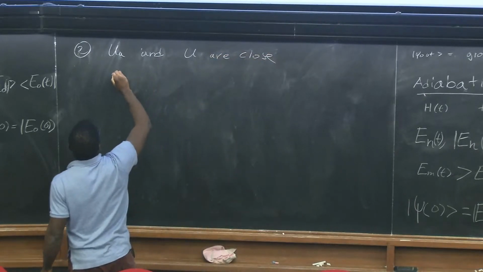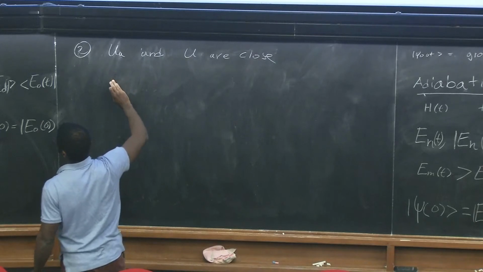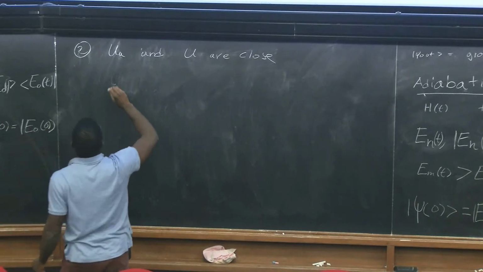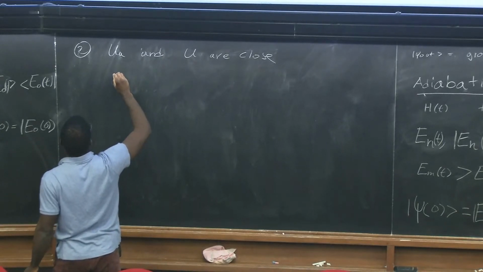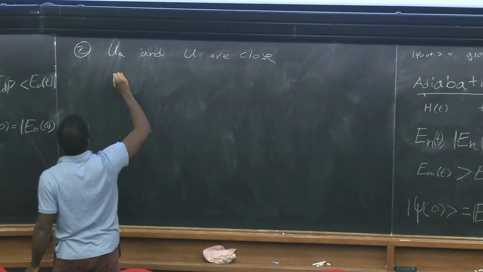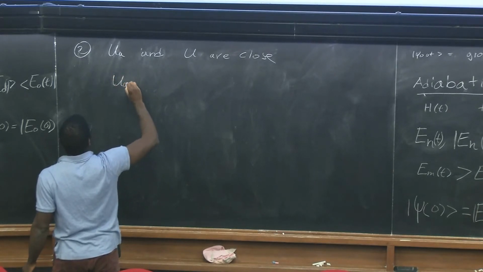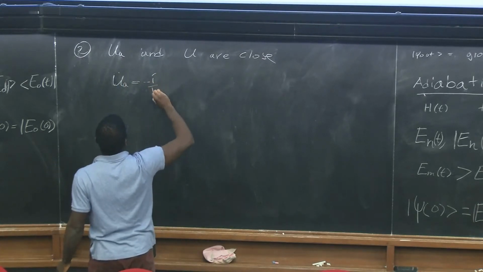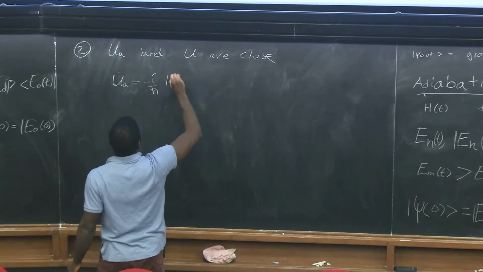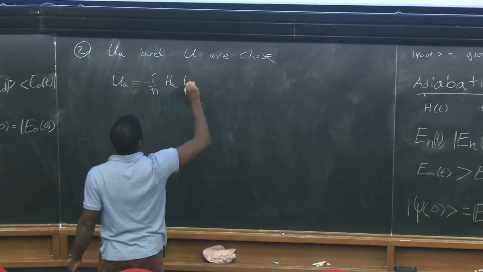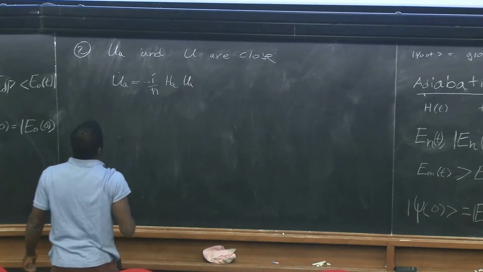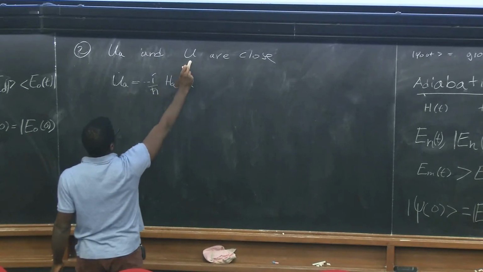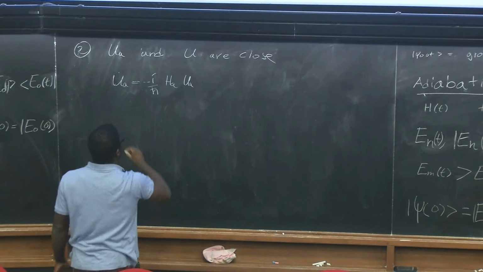Here, the evolution operator U_A is the evolution operator induced by the exact adiabatic Hamiltonian. So it's going to be satisfying the equation H_A U_A. And U is going to be the evolution implemented by our original Hamiltonian.